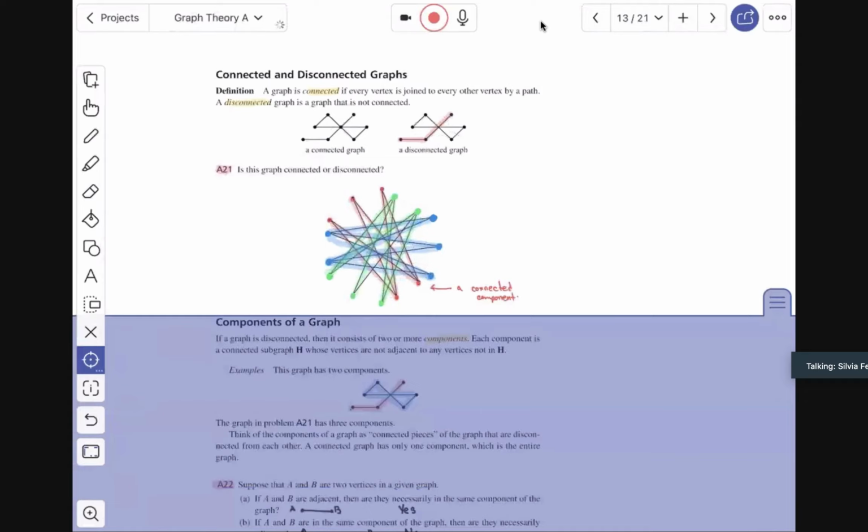But actually the technical term is 3 subgraphs, 3 pieces, where every vertex in the piece can be connected to each other by paths, in the same subgraph, in the same connected component, but you cannot go from one component to the other. So even though it's drawn like this, I could have separated the 3 pieces.